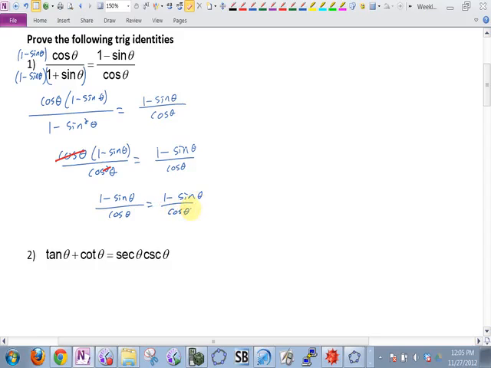And that's it. So we multiplied top and bottom of the left side by 1 minus sine, used the Pythagorean identity, canceled the cosine, good to go.